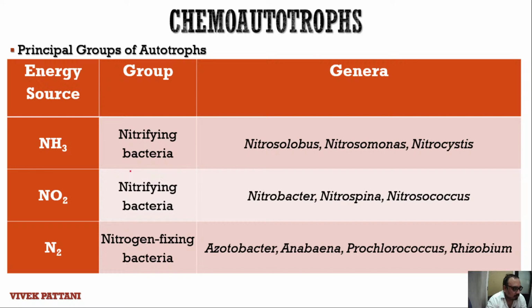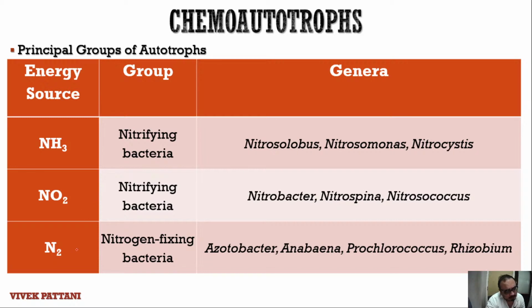Such as, energy source in the case of ammonia, the group will be nitrifying bacteria, and the genera will be Nitrosolobus, Nitrosomonas, and Nitrocystis. Next one, nitrite, again nitrifying bacteria. Genera will be Nitrobacter, Nitrospina, and Nitrosococcus.